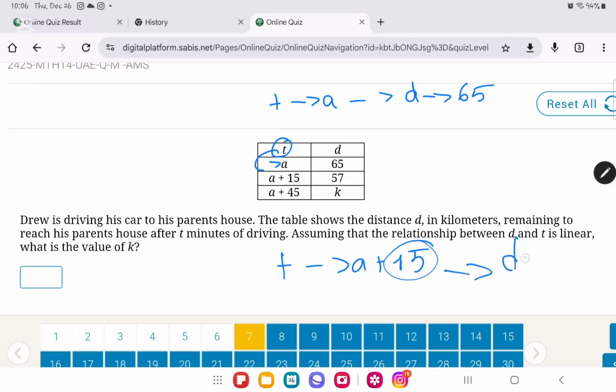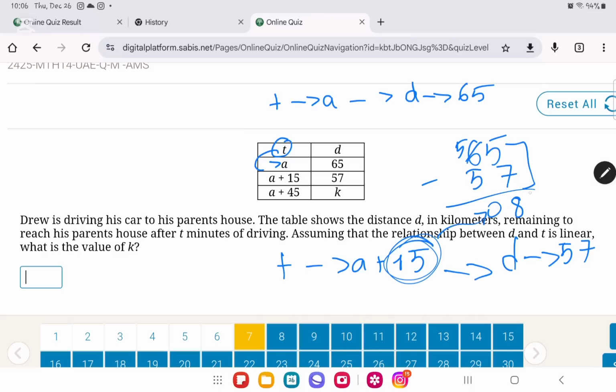The distance decreased from 65 to 57. So in 15 minutes, how much did the distance decrease by? It was originally 65 minus 57. So 5 minus 7 is... 8. So in 15 minutes, it decreased a distance of 8 kilometers.